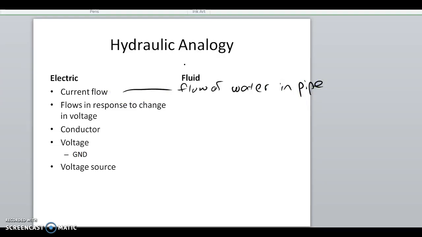So if our electricity flows in response to a change in voltage, our fluid, or water, flows in response to pressure.